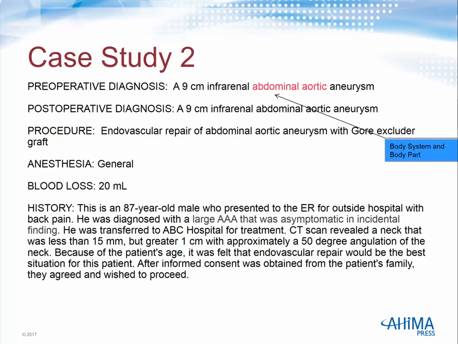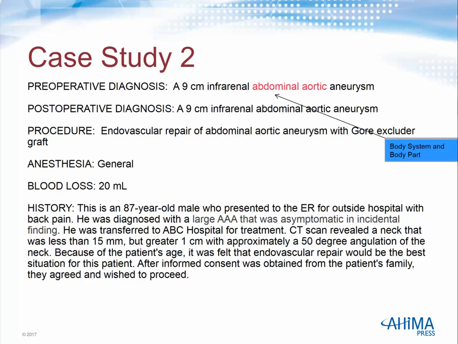Then here we have one example, case study number 2. So you have to go past the code building exercises, go past the check your understanding, to get to case study number 2. This is one example of the treatment of an aneurysm. This particular patient has what is called an AAA, an abdominal aortic aneurysm.